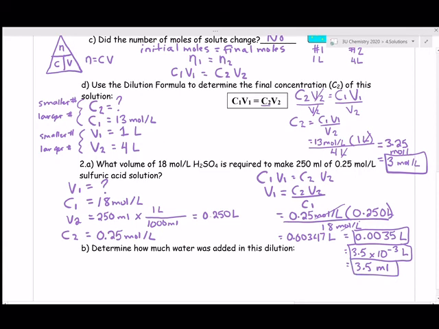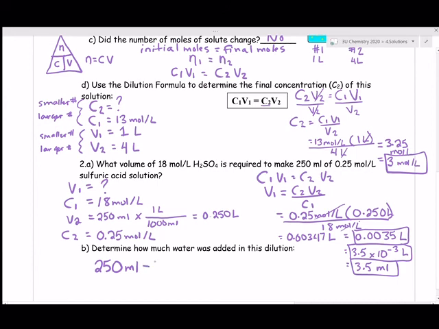Okay. Now, because I'm doing this in the lab, I need to know how much water am I actually going to add to make this happen. So I am ending up with 250 mils of solution. That's what I'm going to end up with. And we just figured out that I'm only putting in 3.5 mils of this very strong acid.